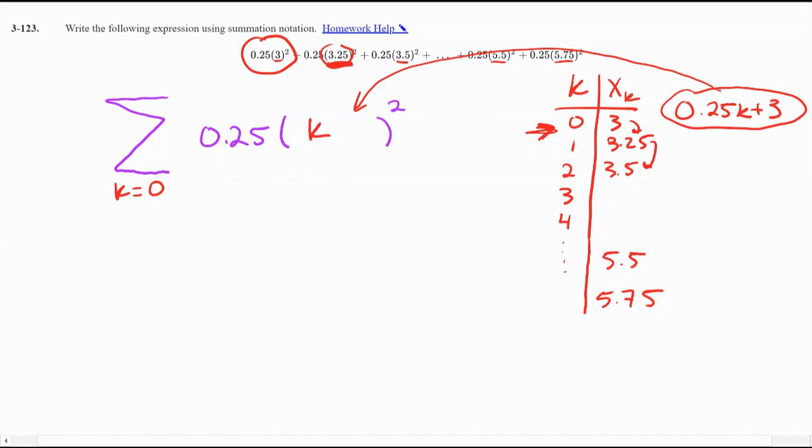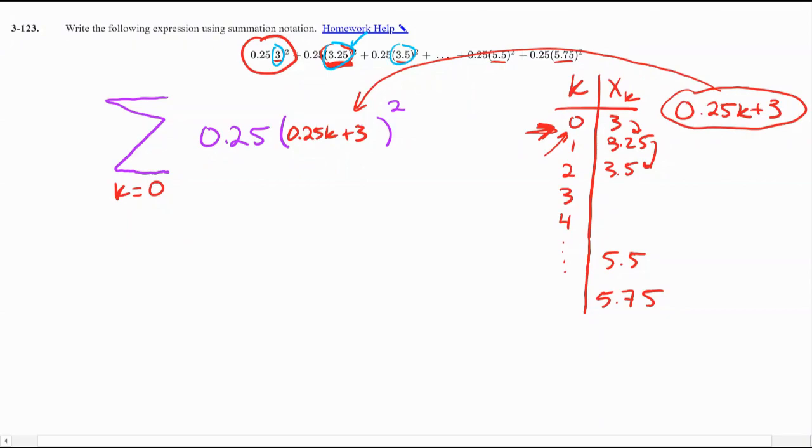So now I've got 0.25k plus 3. Let's double check that it works for the values that I know. If I plug in 0, 0 plus 3 is 3, which is good because that's my first number. If I plug in 1, 0.25 plus 3 is 3.25. Good. If I plug in 2, that gives me 0.5 plus 3. Okay, so my equation is good.